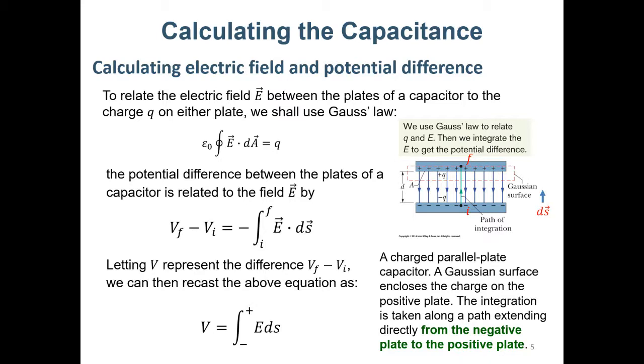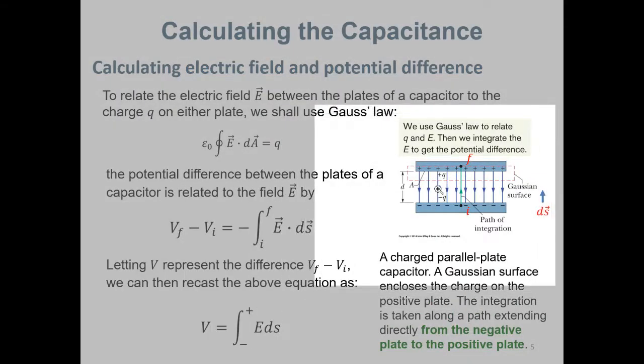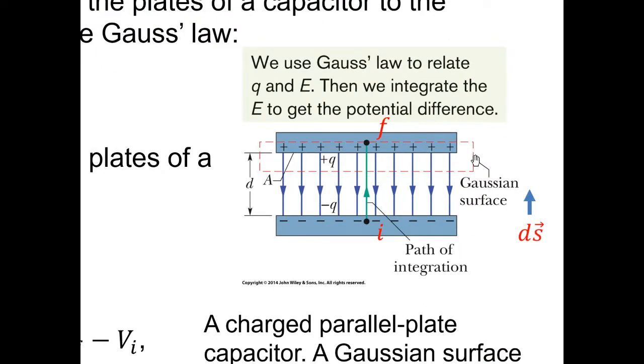For this part, you have a uniform E field going out through this Gaussian surface. Maybe I can zoom in. This red box is the Gaussian surface.